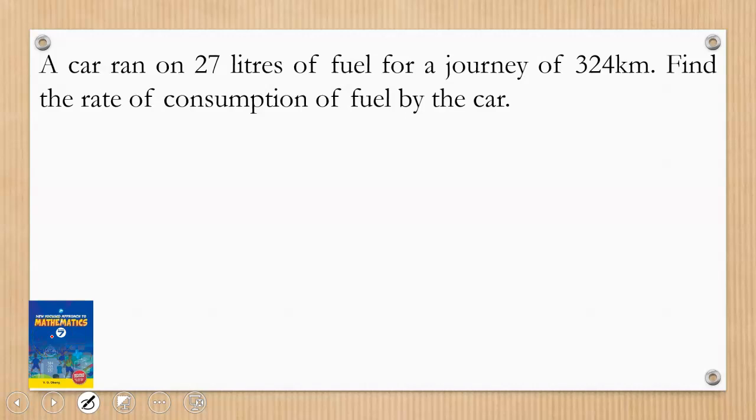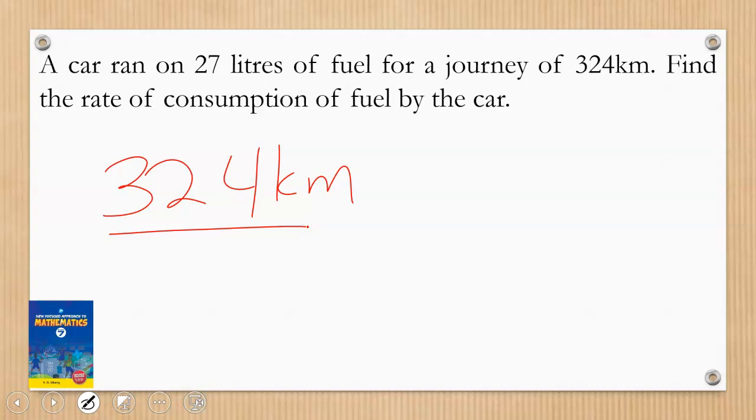Well, this is simple. We are talking about traveling 324 kilometers, and for all this number of kilometers, he consumed 27 liters. So our work here is to divide 324 by 27, and take your time and do your long division.